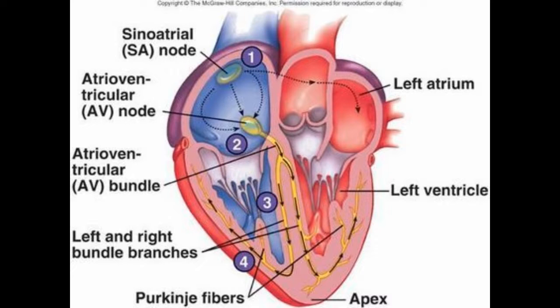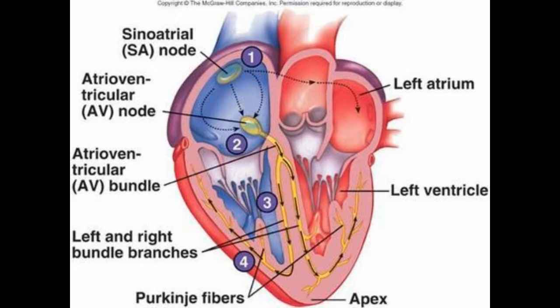So backing up just a tiny bit for a second, the medulla is a part of our brain. But the reason we're pointing this out now is because the medulla is the command center of our cardiovascular system. The medulla is what sends messages to our heart to tell it to pump. And the medulla sends that message directly to the SA node.